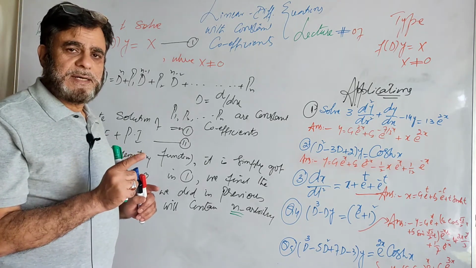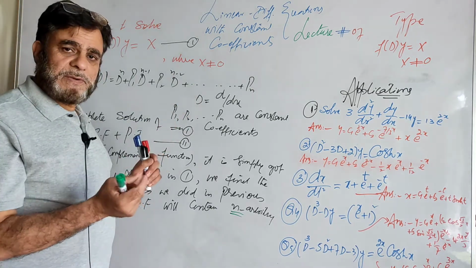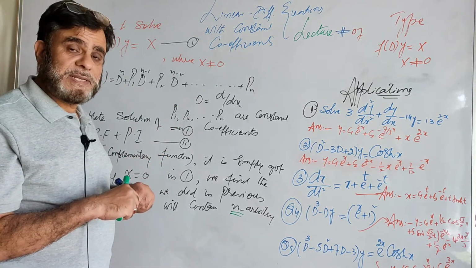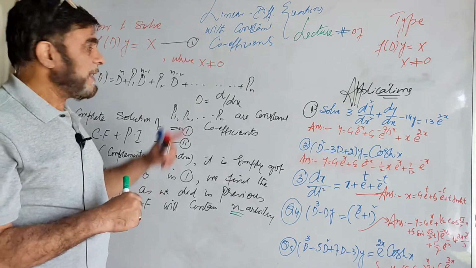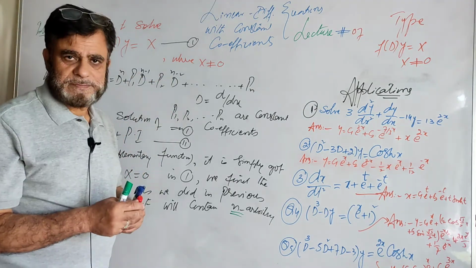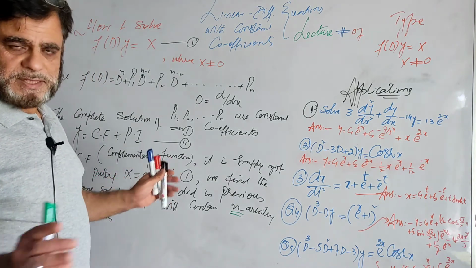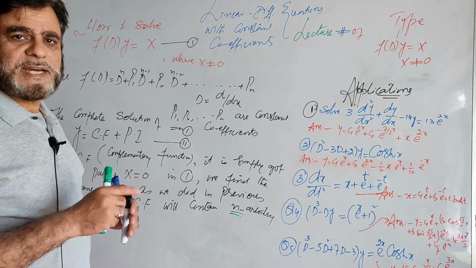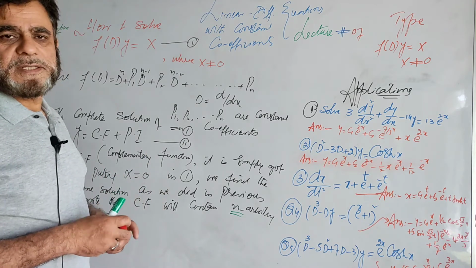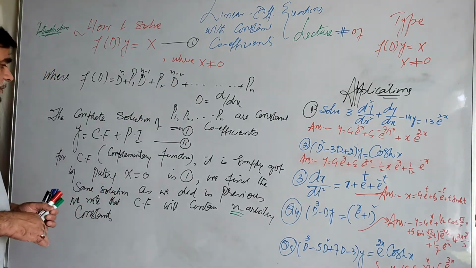But here, when X is not 0, we find the same solution, but now we name it the complementary function in the case of X not 0. The procedure is the same: auxiliary equation, then roots of the auxiliary equation, then the solution. You write y is equal to the solution, which is the complementary function of f(D)y is equal to X. That is it.